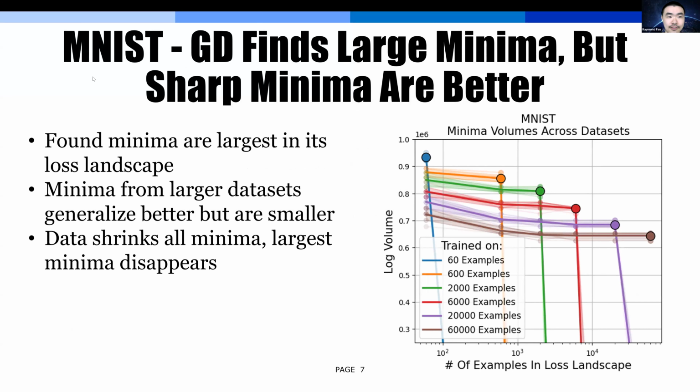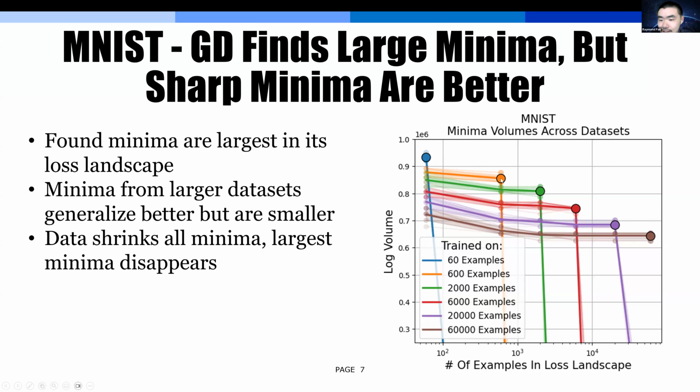So here I ran experiments on MNIST. You can see here are the volumes across different landscapes. So over here, when I look at the volumes of minima in a 60 data landscape, the minima that I naturally obtained in that landscape with 60 examples by training is larger than the volumes of all the other models. But if I increase the data set a little bit more, the volume of this minima that I found just shrinks to 0.